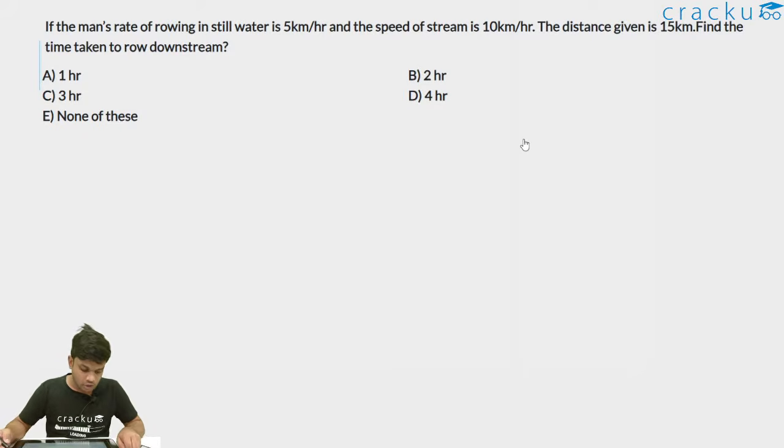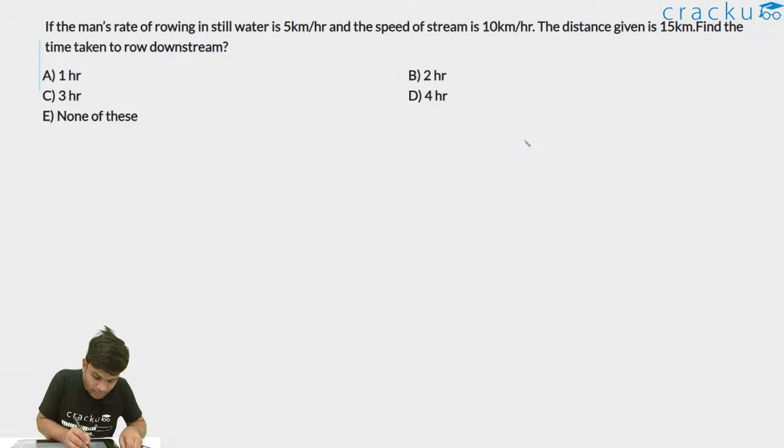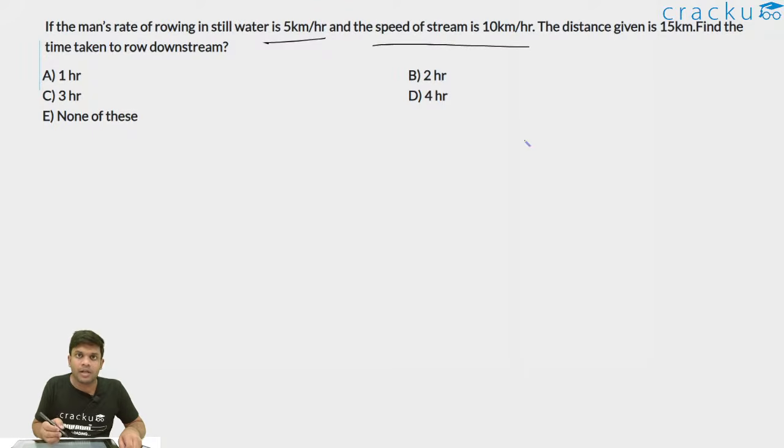Okay. So in this question, it is said that the man's rate of rowing in still water is 5 km per hour and the speed of stream is 10 km per hour. So the speed of man in still water is denoted by S, which is equal to 5 km per hour, and the speed of stream is denoted by R, which is equal to 10 km per hour.